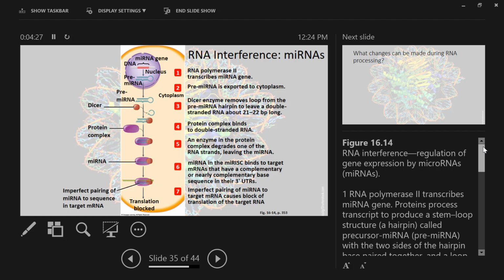Does it have something to do with like the sequence, the beginning? It does. You have to match something to that specific. You do. So when you are transcribing from the DNA, your strand of DNA is your template that you're writing your RNA from, right? So let's say the piece of DNA looks like this. Okay? And so this is the sequence of the DNA that you want an RNA version of, right?